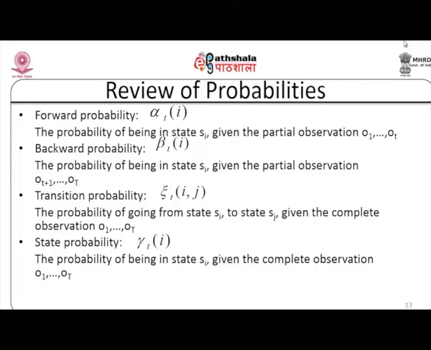The backward probability is the probability of being in state Si given the partial observation Ot+1 to T. Then the transition probability eta_t(i,j), the probability of going from state Si to state Sj given the complete observation O1 to OT, and the state probability gamma_t(i), the probability of being in state i given the complete observation O1 to OT. So, given the observation, we have all the probabilities: the forward probability, the backward probability, the transition probability and the state probability.